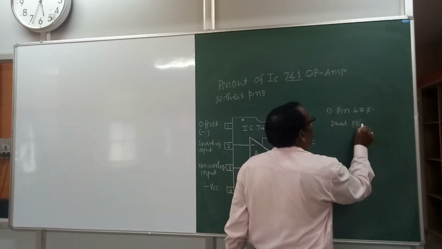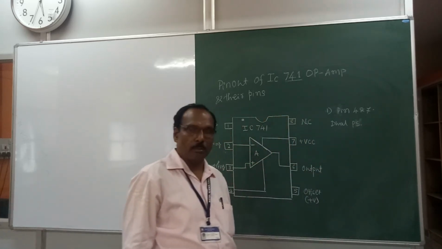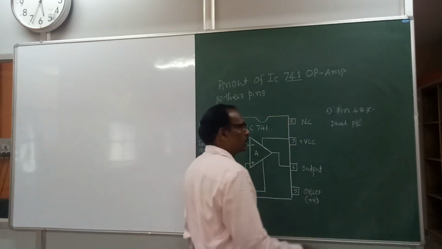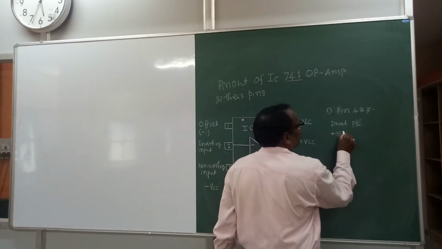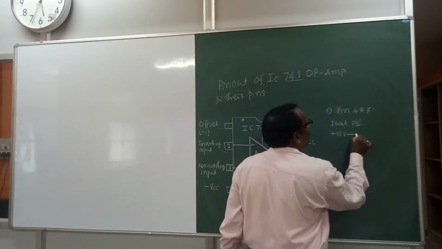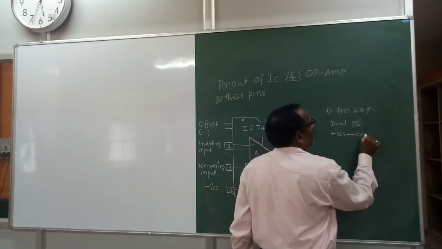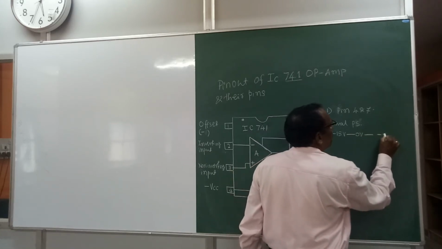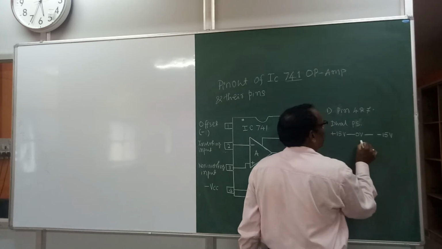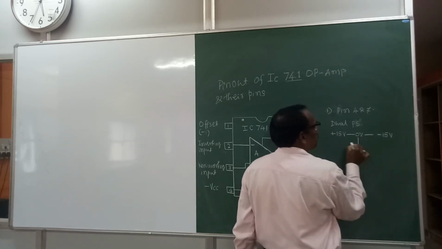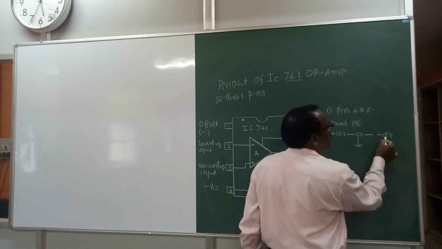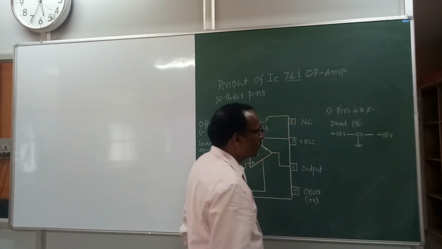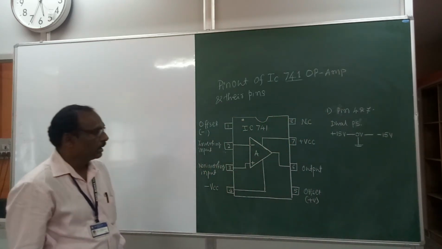What do you mean by dual power supply? So far you have not used it. It has plus 15 volt with respect to ground, that is 0 volt, and then minus 15 volt with respect to the common.